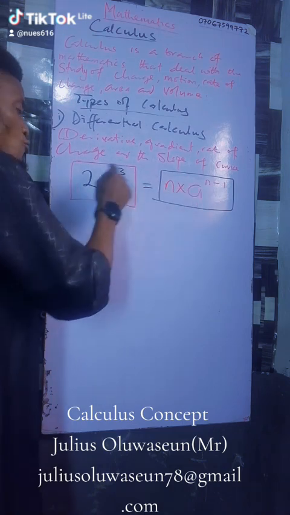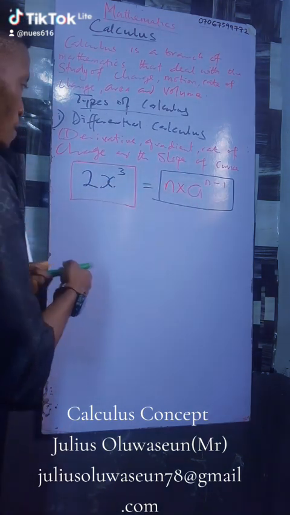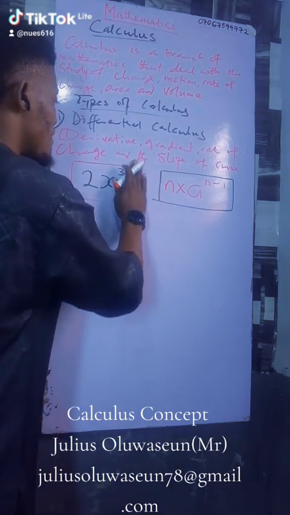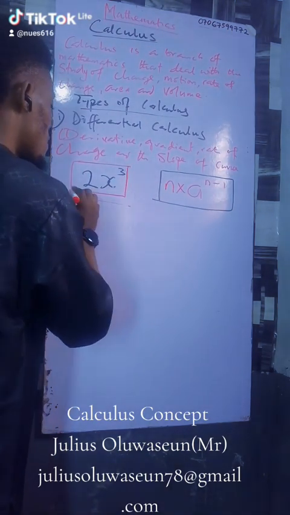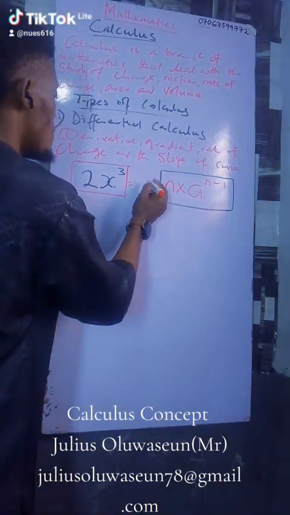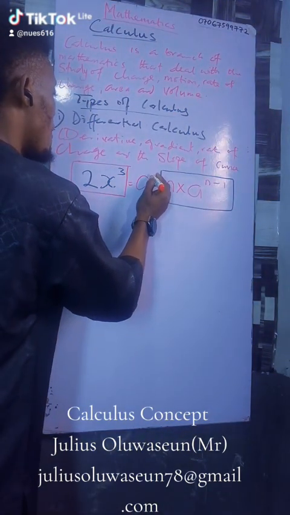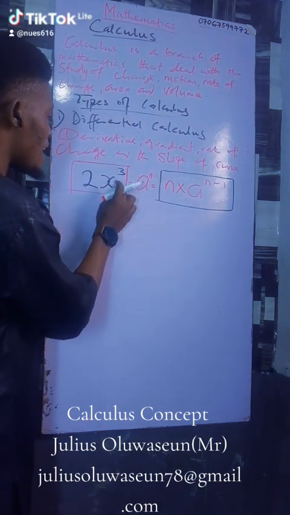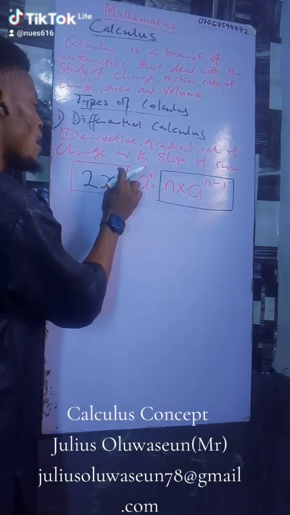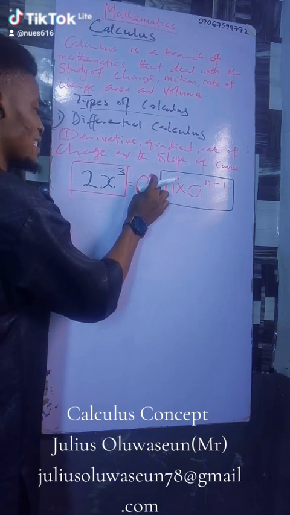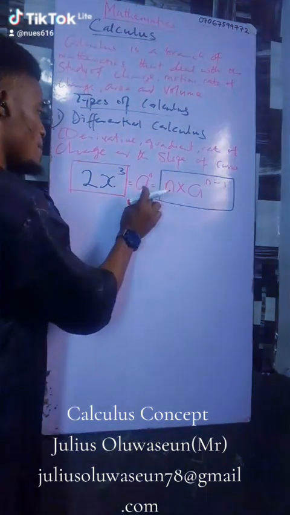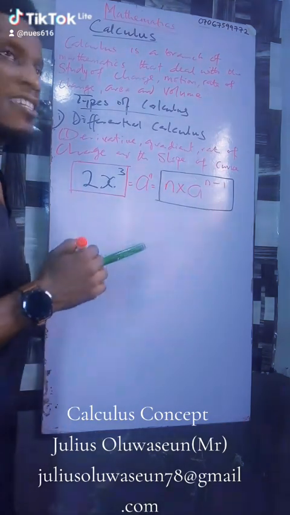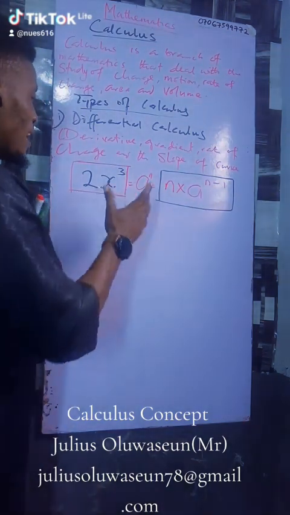So I can rewrite this as a power n. This tells us that our 2x is a and our 3 is n. Do you understand? So you can further simplify it this way.